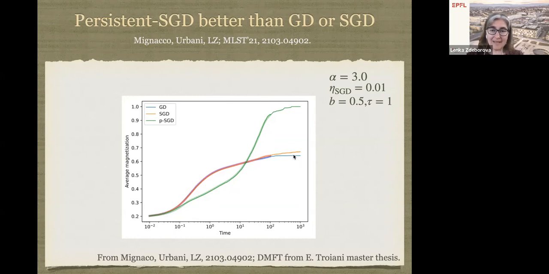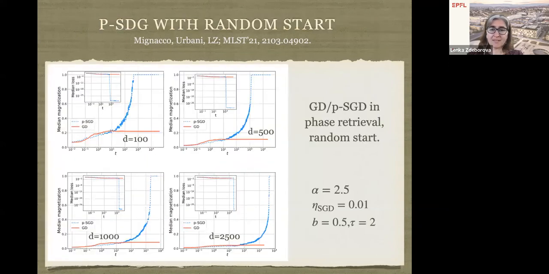The blue and orange is gradient descent and stochastic gradient descent. The learning rate here is pretty small, so that's why the stochastic gradient descent is really close to the gradient descent, as it should be. But the green curve, which is the persistent stochastic gradient descent, is actually doing something else. It's worse at first, but then it shoots up and actually gets a better performance at the times that are given here. So that's kind of interesting.